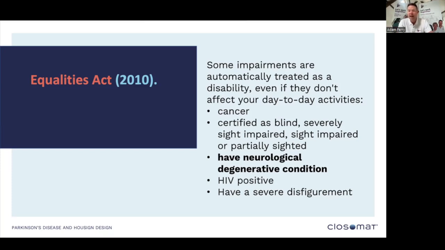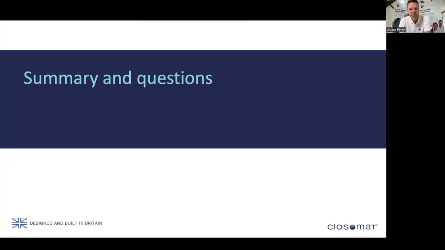So the person, after having that diagnosis of Parkinson's, automatically meets the disability criteria element of DFG. So I'm going to stop talking there now, and we'll open it up to any live questions.